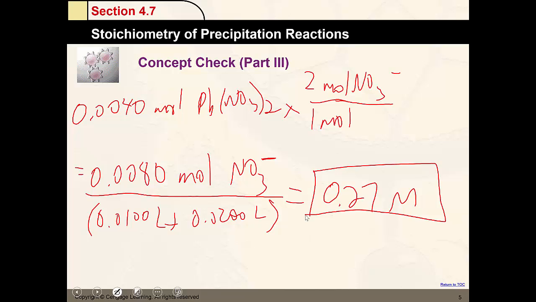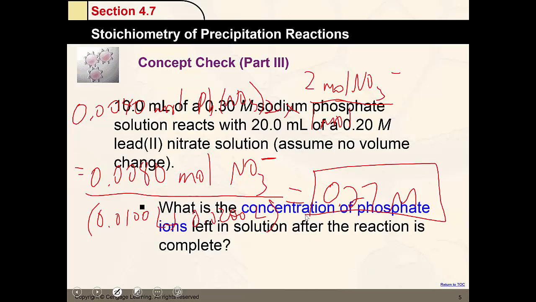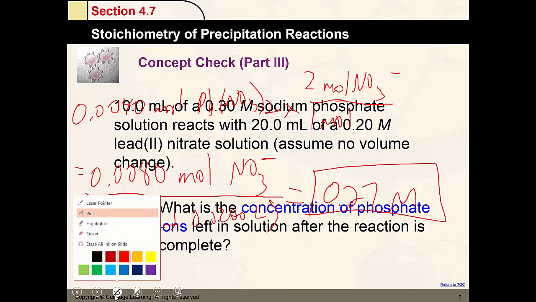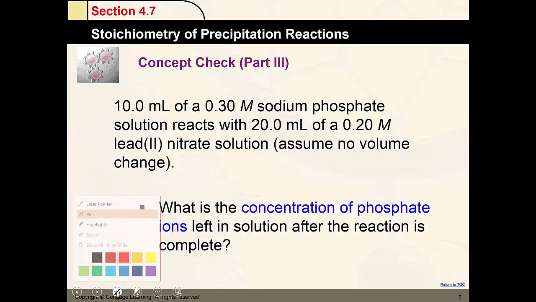Okay. And now it's asking you about the concentration of an ion that is not a spectator ion. So it's asking you for the concentration of phosphate ions. So the phosphate is in the net ionic equation. So it is used up during the reaction.